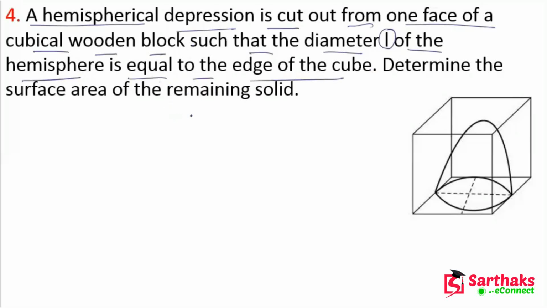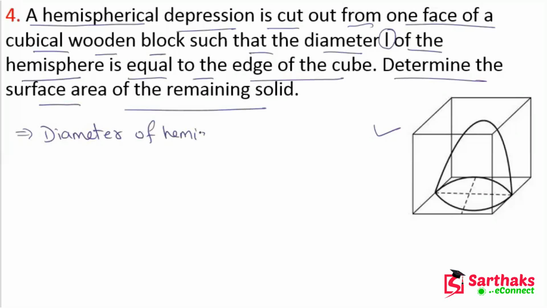Determine the surface area of the remaining solid. So the diagram looks like this. Now we know that the diameter of the hemisphere is equal to the edge of the cube, which is l.